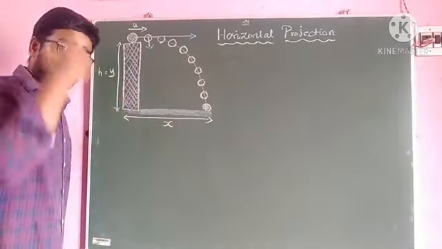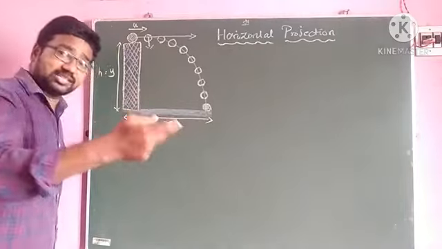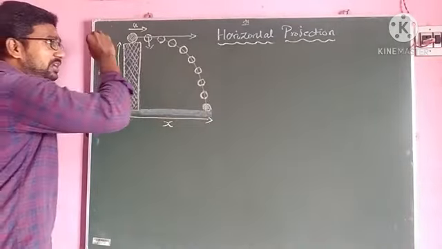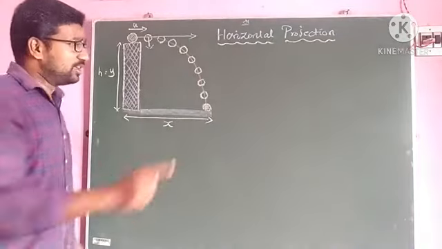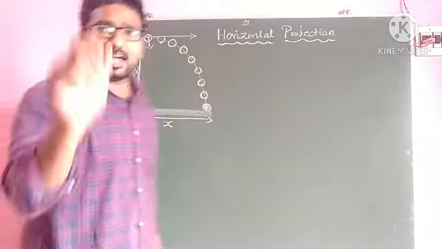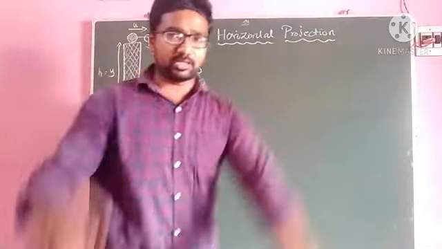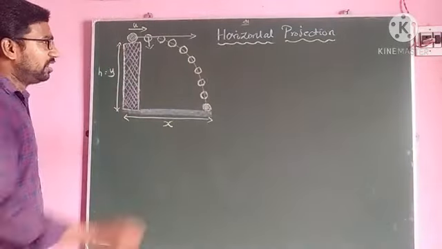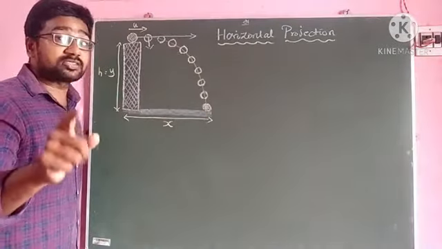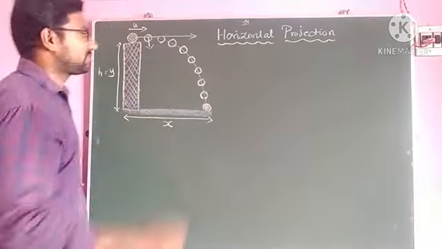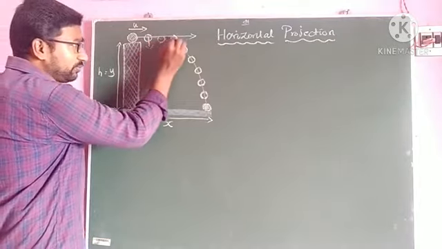So the object will travel in the same direction with the velocity you have given it. Keep in mind that throughout the motion, the horizontal velocity remains constant. Okay students? At every point the gravity is attracting the object.